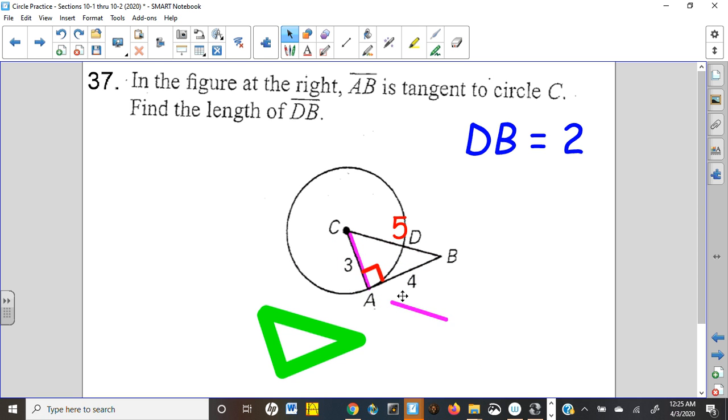But we also know that in any circle, every radius is the same. That's the definition of a circle, basically. And so there you go. This segment right here, CB, has a length of 5, and this chunk right here from C to D is 3. So this is a subtraction problem, 5 minus 3. And so if you think about it the right way, this problem is quite simple.